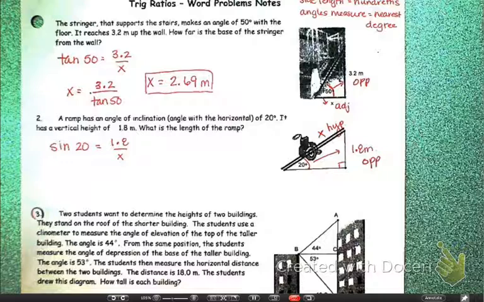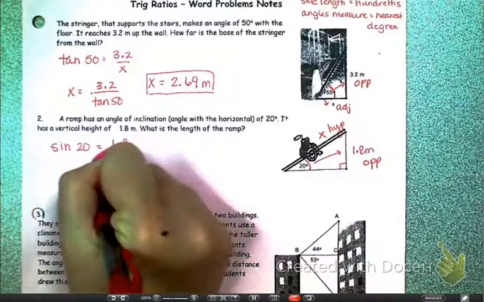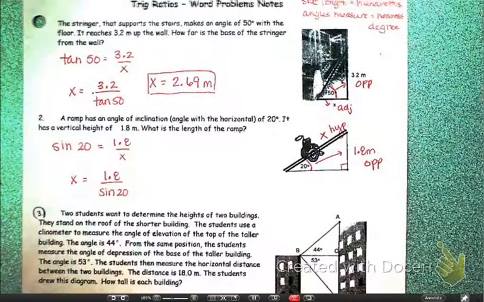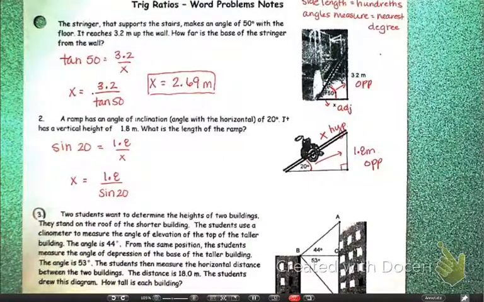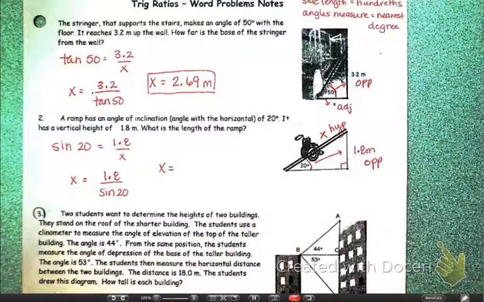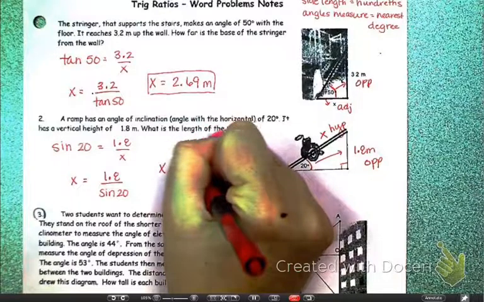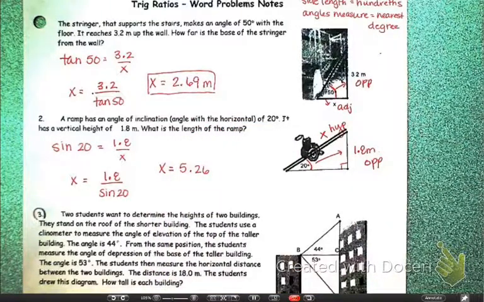A division. So flip and divide. What do you get rounded to the nearest hundredth? 5.26 meters.